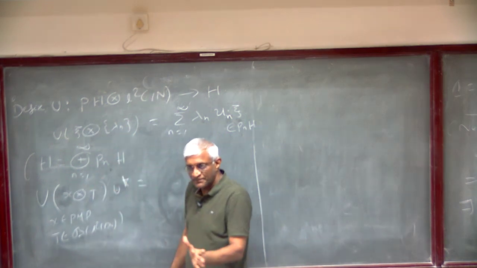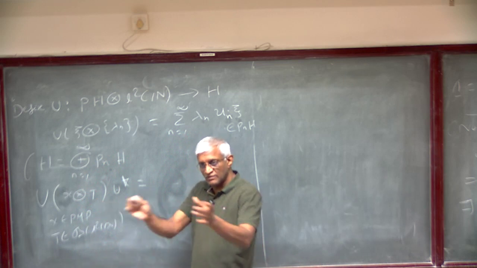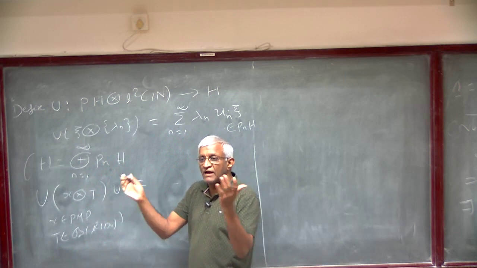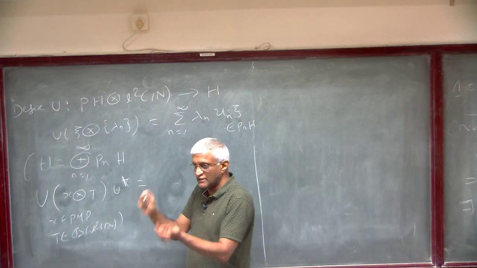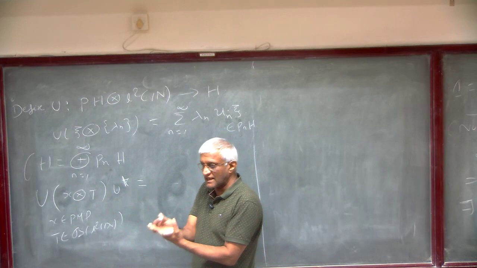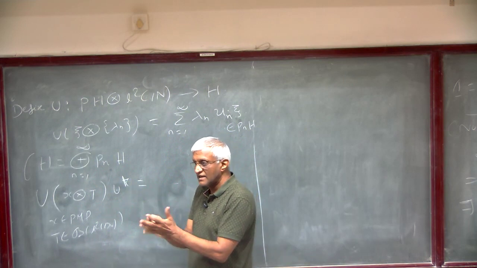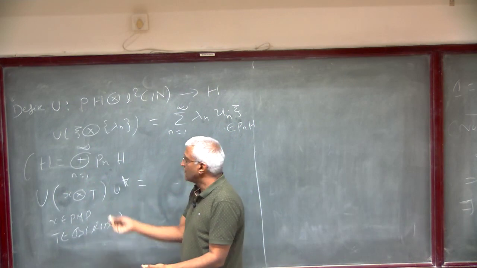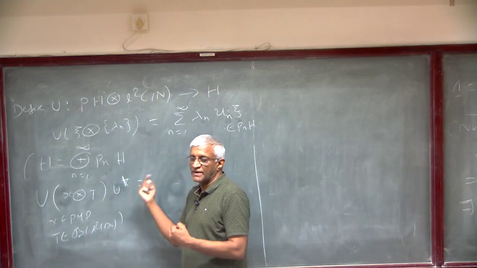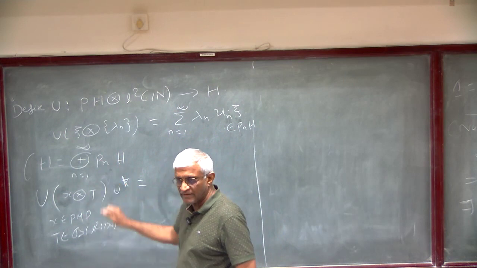If you have a direct sum of two things, you will write it as a 2 cross 2 matrix containing operators other than scalars. If it is C direct sum C, which is C2, then you have a matrix of scalars. If you have a direct sum of Hilbert spaces, you will have a matrix where each entry is an operator between the corresponding Hilbert spaces.